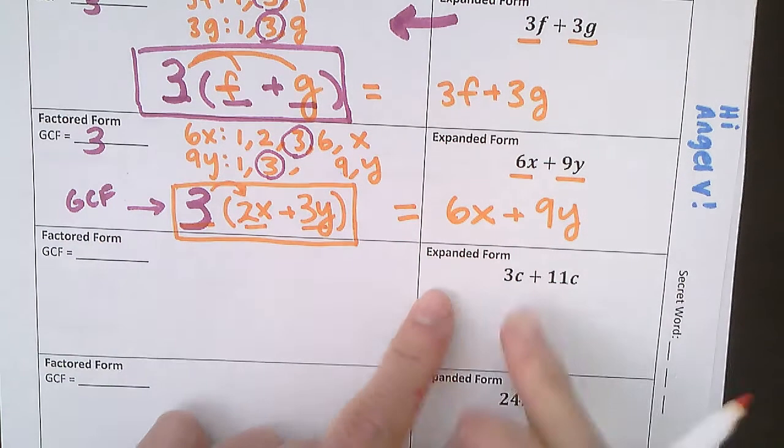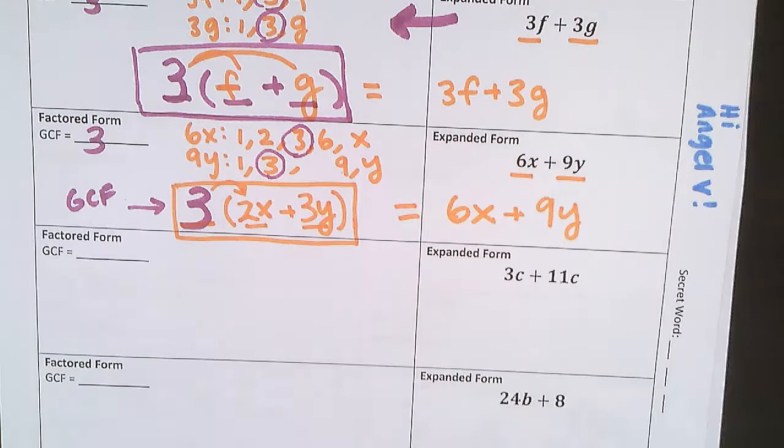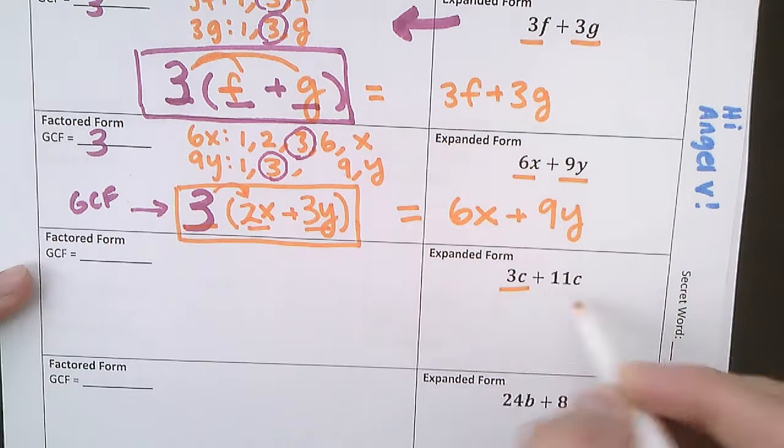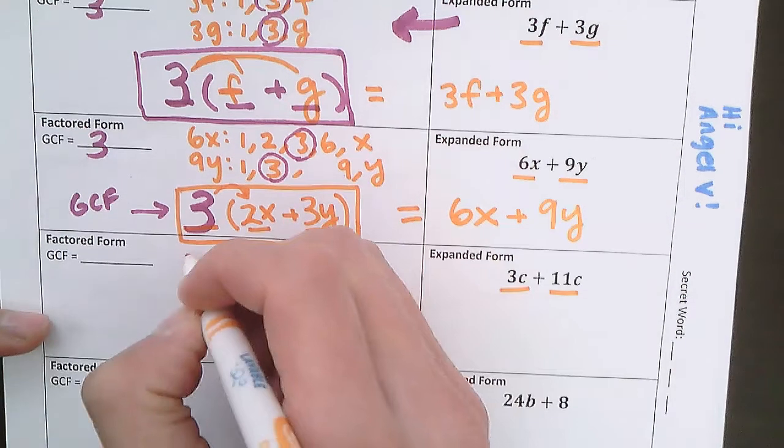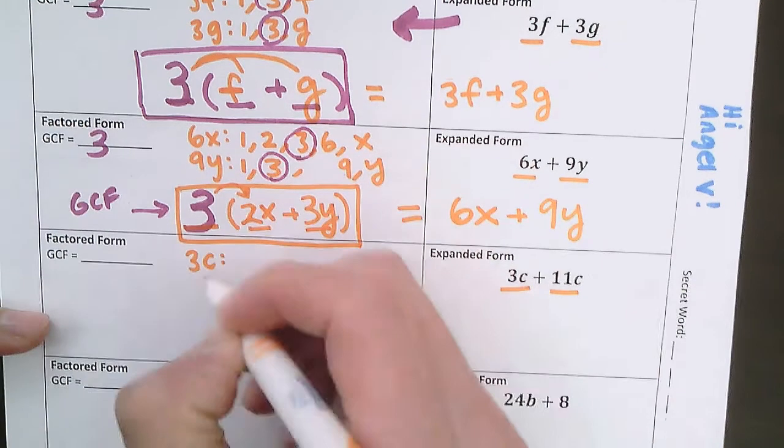Now, let's look at this one here, 3c plus 11c. We know that we have two terms, and we want to figure out what is the greatest common factor between these two terms. So we have 3c and 11c.